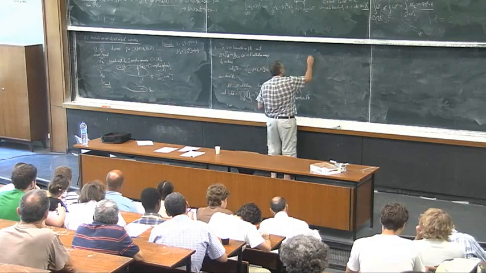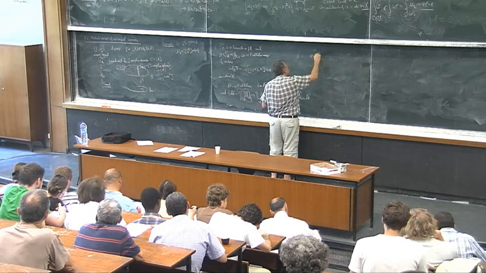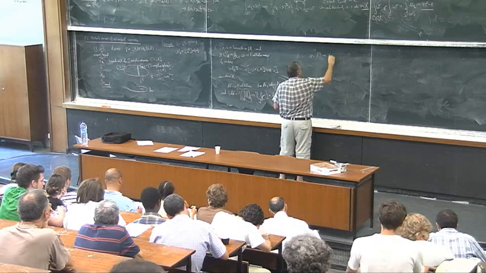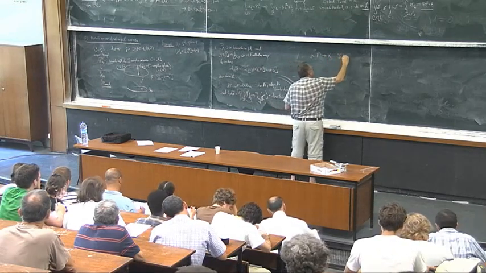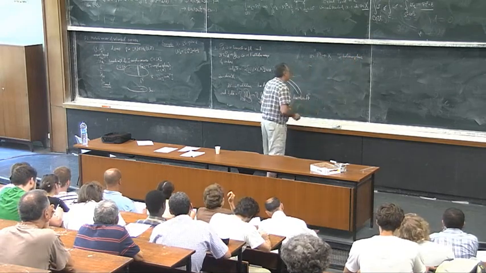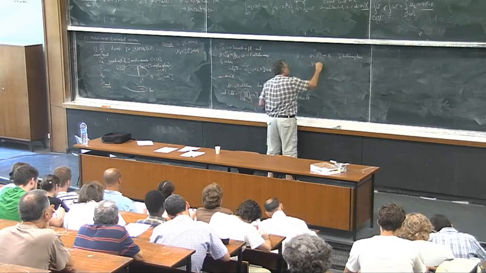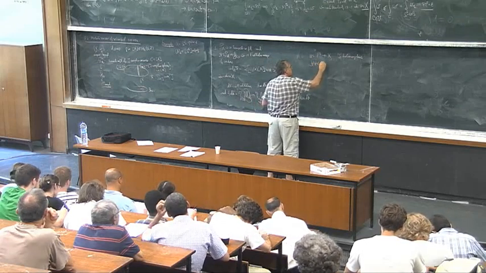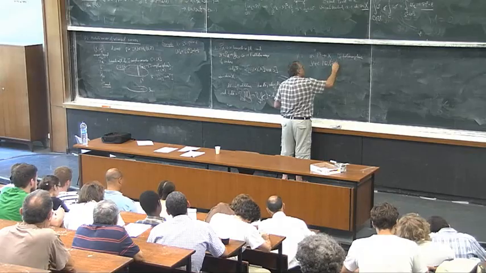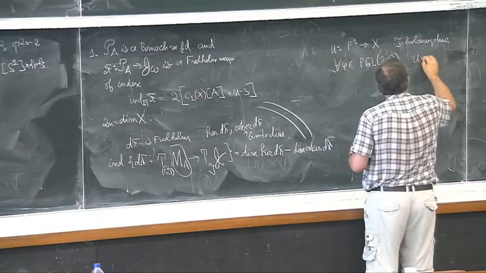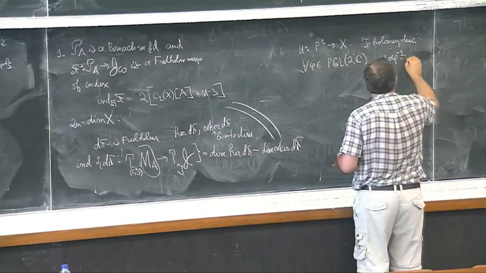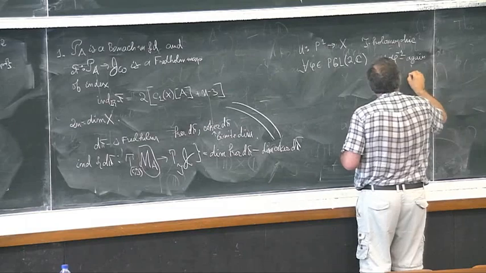Because if you have a holomorphic sphere, a mapping from P1 to our manifold, J holomorphic for some J, then for any fractional linear transformation, the composition, I write it this way, will again be J holomorphic.